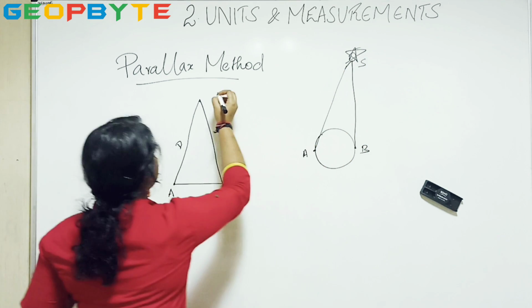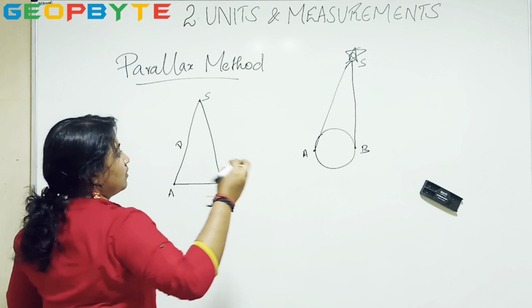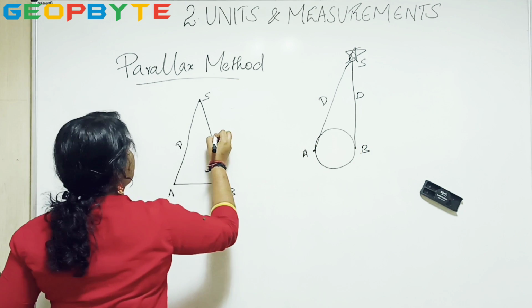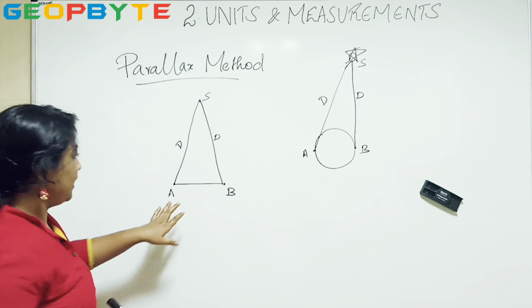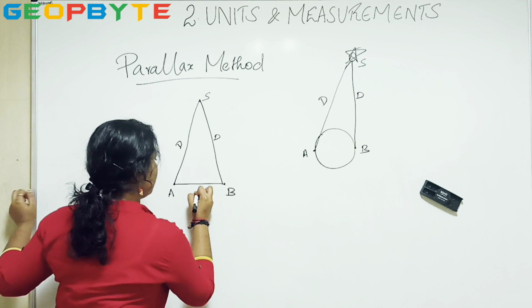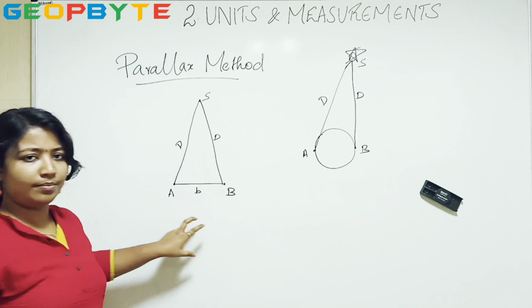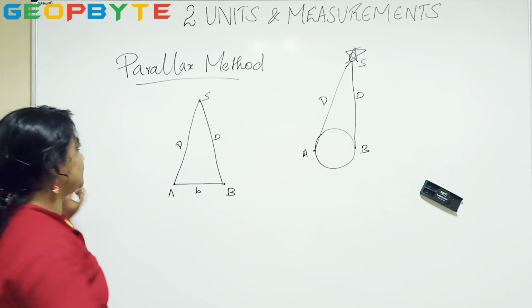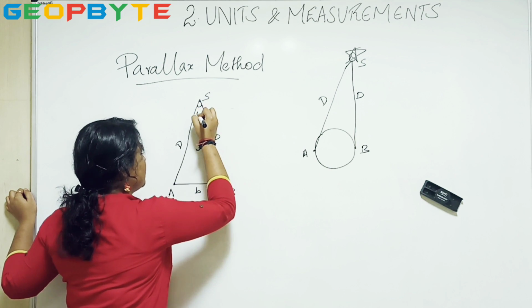So this point is S. This distance is D. Let the distance between A and B be small letter b, the length of the base. There is an angle theta.